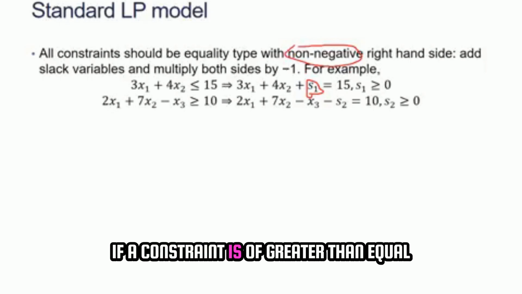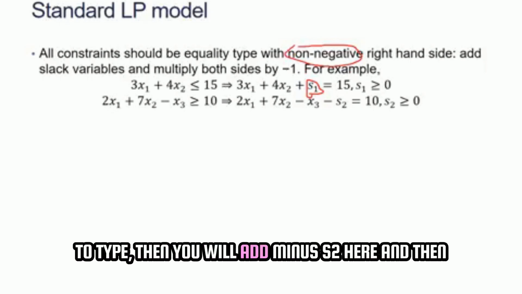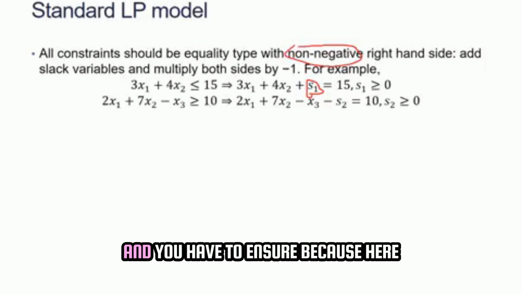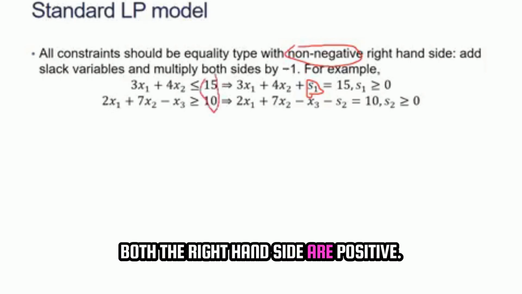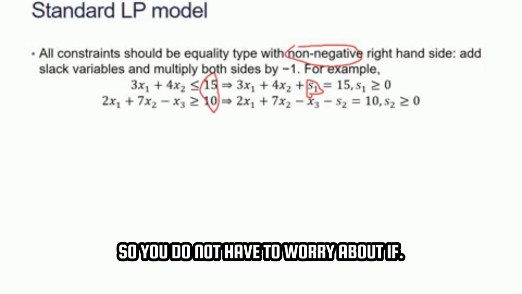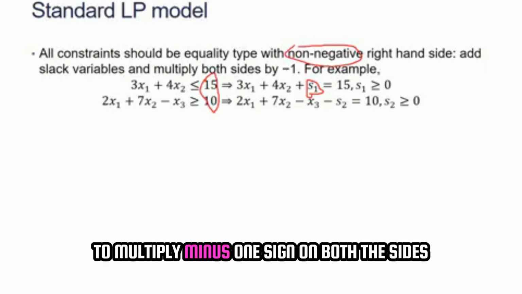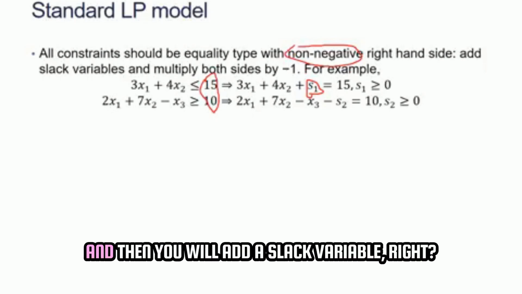If a constraint is of greater than or equal to type, then you will add minus S2 here, and again S2 will be greater than or equal to 0. Because here both right hand sides are positive, you do not have to worry. If it is negative, then you have to multiply by minus one on both sides, and then you will add a slack variable. Right. So you got the idea.